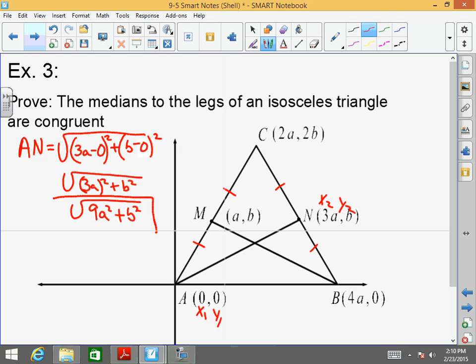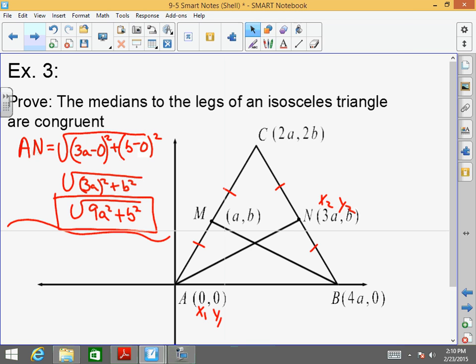For those of you that are tempted, no, that does not equal 3A plus B. You can only simplify that if it was 9A squared B squared being multiplied together. Then that would equal 3AB. But if you have a sum, a polynomial like that, you cannot do that.